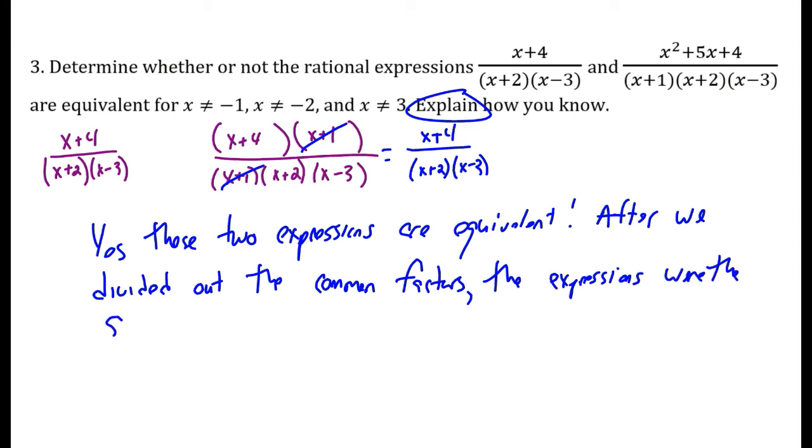So they are equivalent because, remember, equivalent means they look different, but they're actually the same. So this expression is really the same as that second expression, because after you divide out that common factor of x + 1 from the numerator and denominator, you end up with the same thing. So they are equivalent because after we divided out the common factors, the expressions were the same.